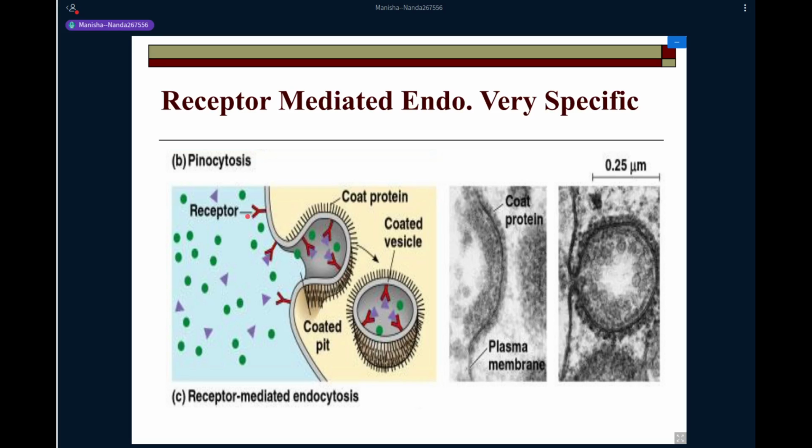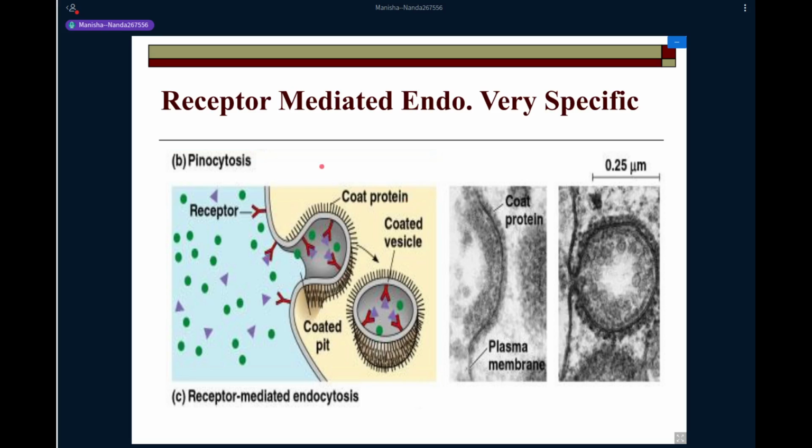Once these receptors are occupied, this receptor ligand interaction is done, that part of the membrane invaginates and coated vesicles transport molecules inside the cell. We'll talk about its detailed mechanism once we talk of vesicular transport in eukaryotic cells.